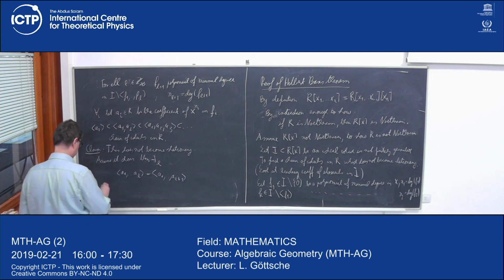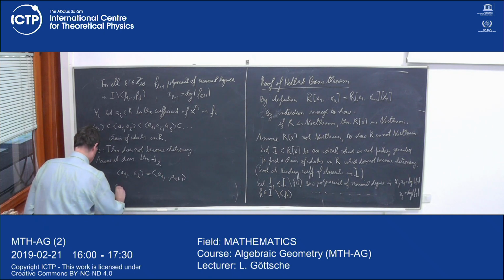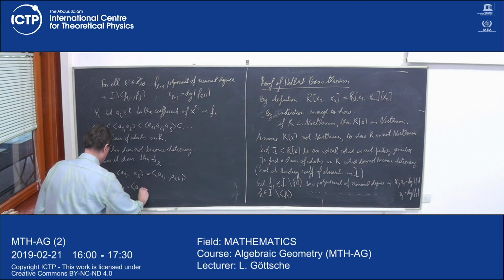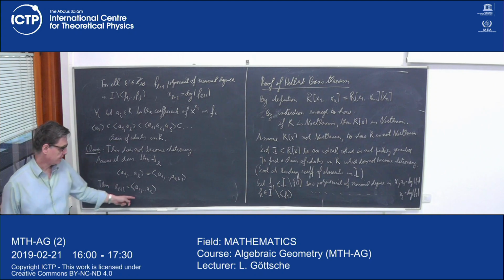So then, if this is the same, we have in particular that a(l+1) is in the ideal generated by a1 to al. So that is, we can write a(l+1) as a linear combination of these.